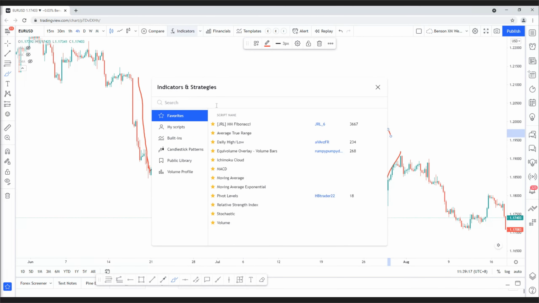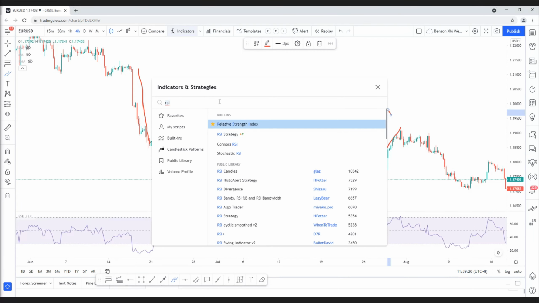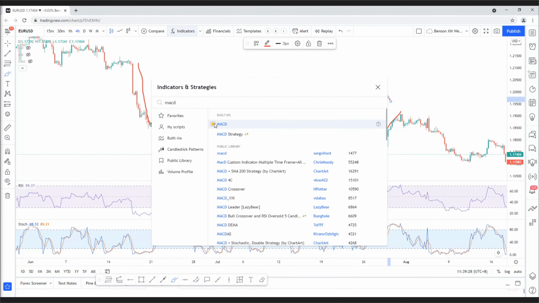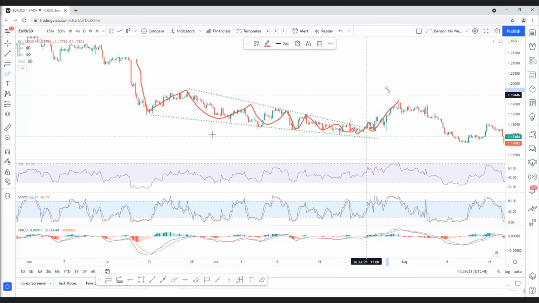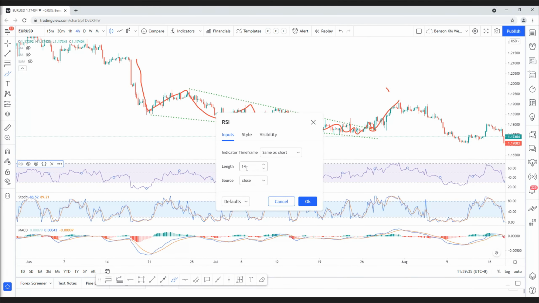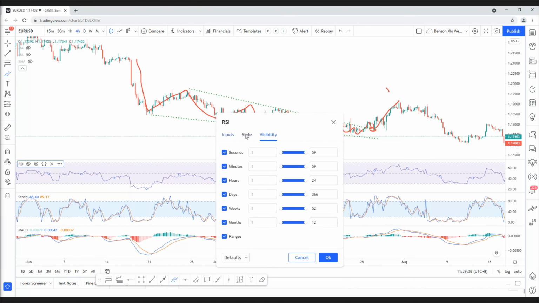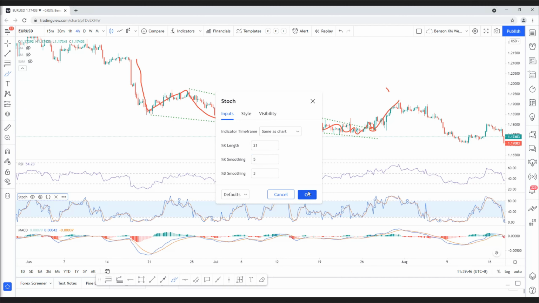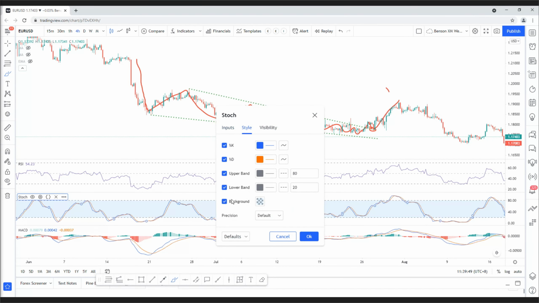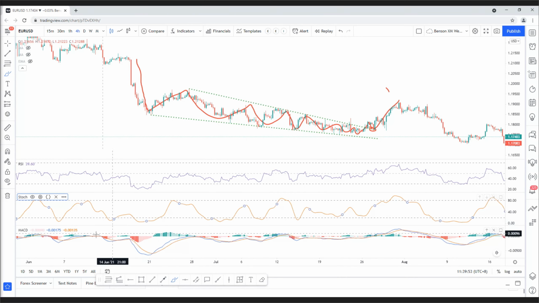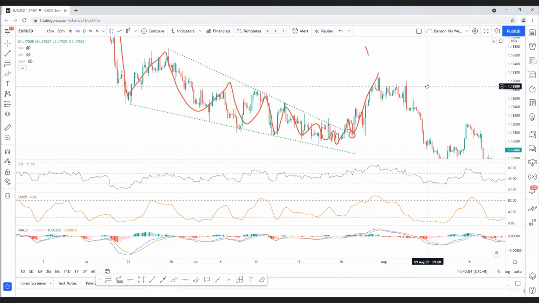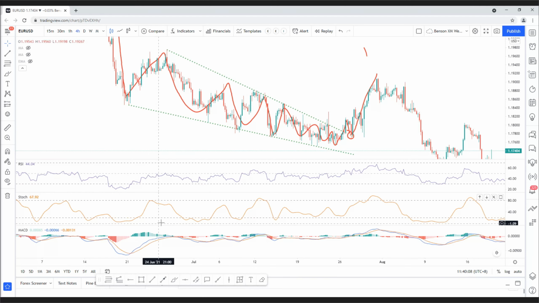Let me just put in some indicators over here and adjust some of the indicator parameters.